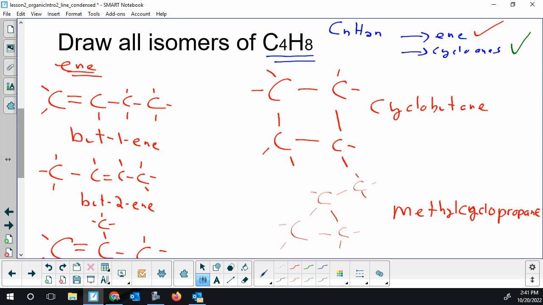But ultimately for diplomas, you've got to be able to get them all and not miss any. So that's why you need a nice systematic approach. Deal with one family, then deal with the others. If you get a 2n+2, then you're only dealing with the anes, one type. So that's generic formulas, which are handy, and they're incredibly important for doing our isomer questions.